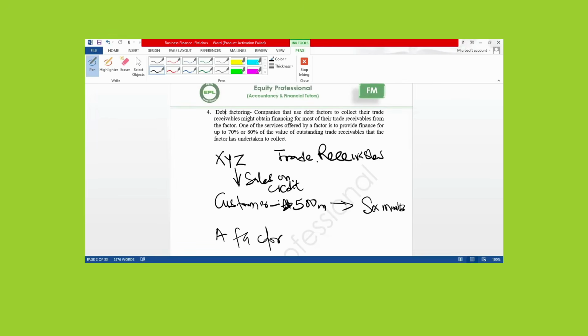What we are saying is, this factor can provide money immediately for XYZ, up to 400 million naira. Instead of waiting for 6 months, somebody is giving you cash of 400 million now.